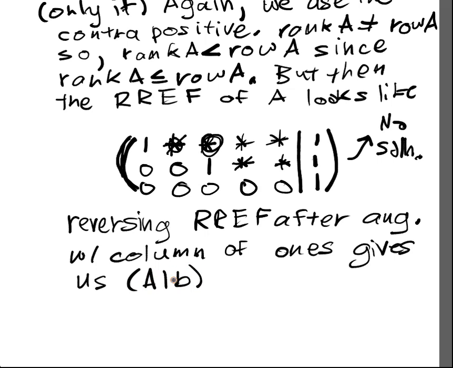We reverse it, we get A over here, and we get some B over here, whatever that is, that has no solution. Thus, we have a B such that this is not solvable, and so we've shown that there is a B such that there is no solution. And we conclude the proof with the tombstone.